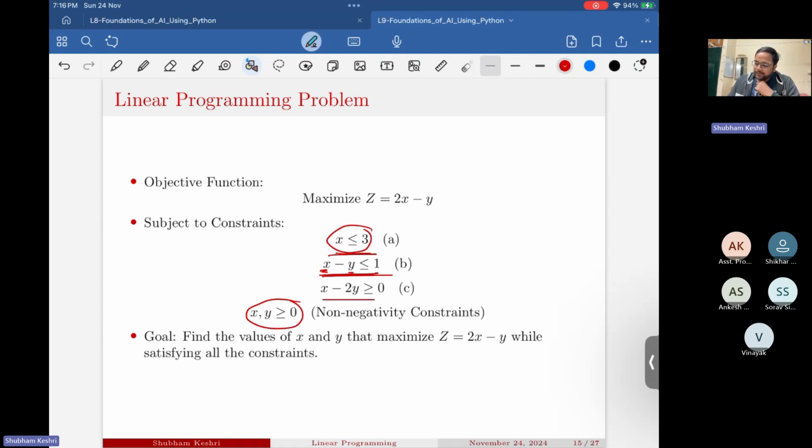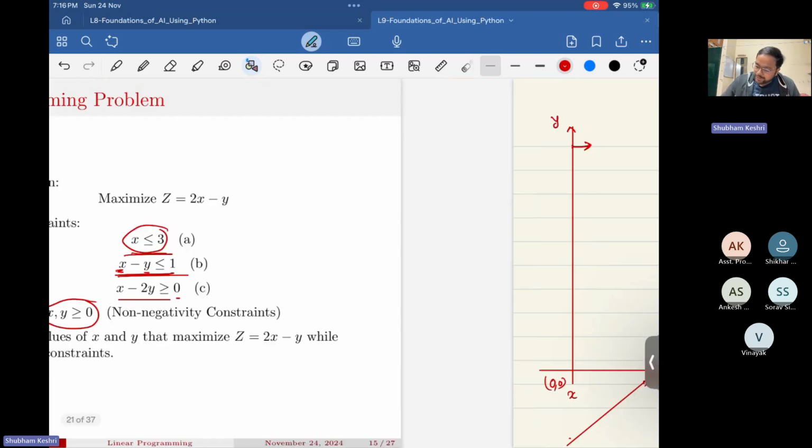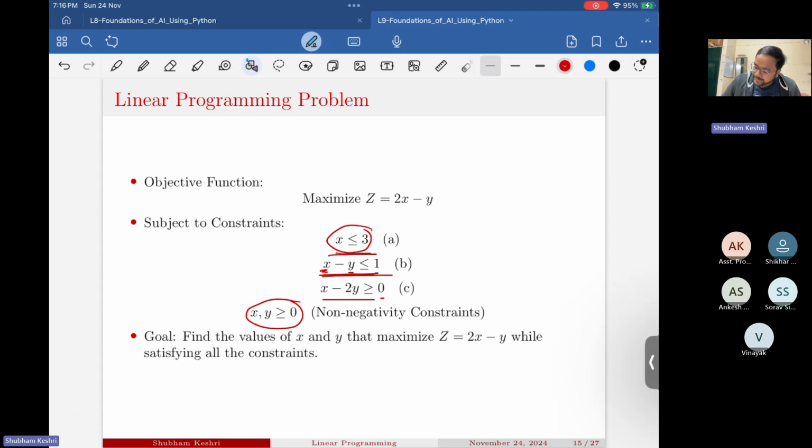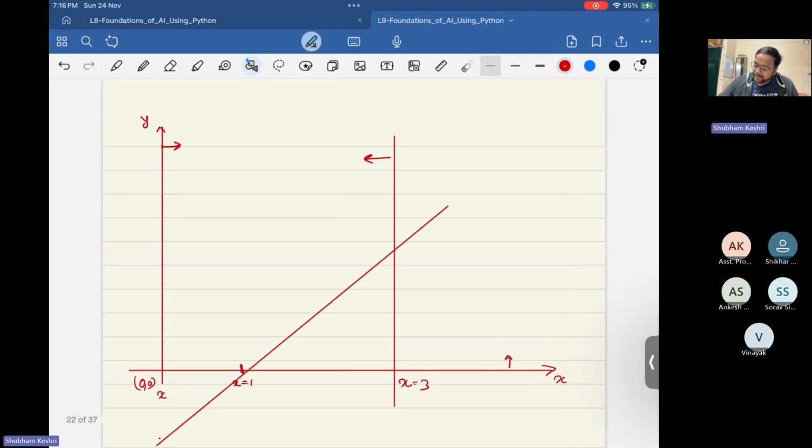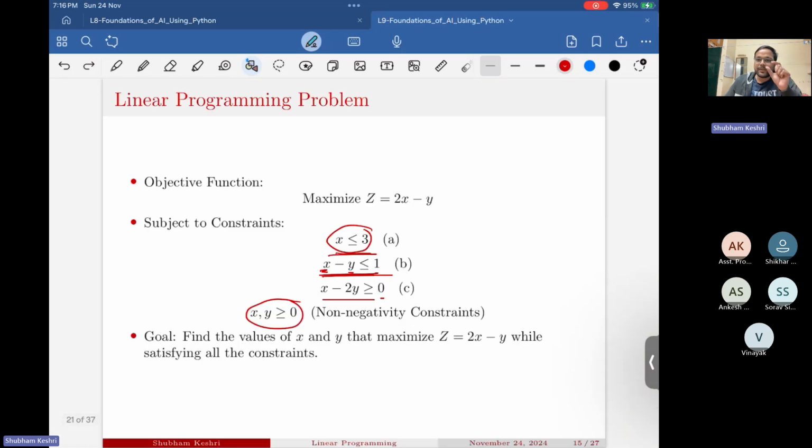For the next line, you cannot have an intercept form because the right hand side is 0. And when I have drawn this, you also have to think about where the region will be, whether the arrow will be in this area or this area. So what will we do? We simply put in the origin.